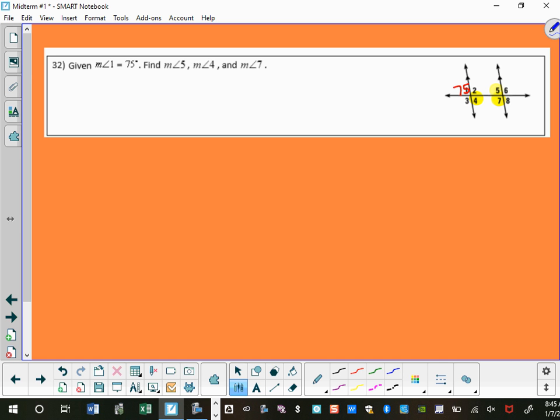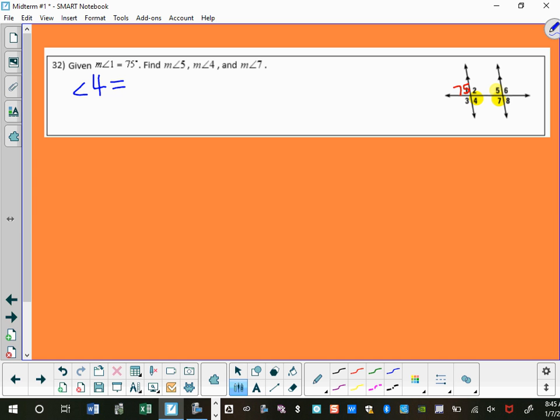What's 4 going to be? That's a vertical angle, right? So the measure of angle 4 is going to be what? Guys, the vertical angle. Come on, don't just sit here and wait for the answers.